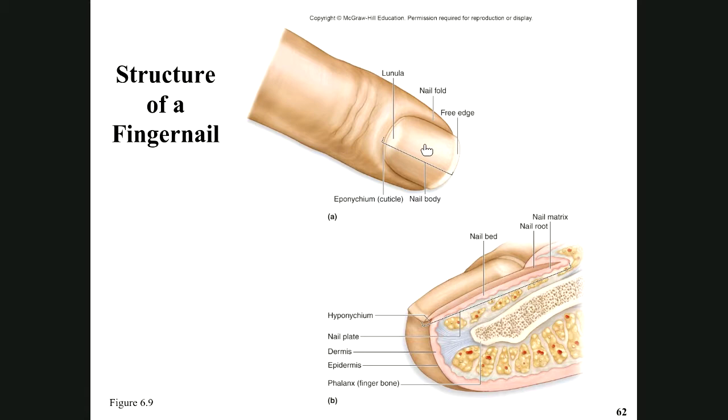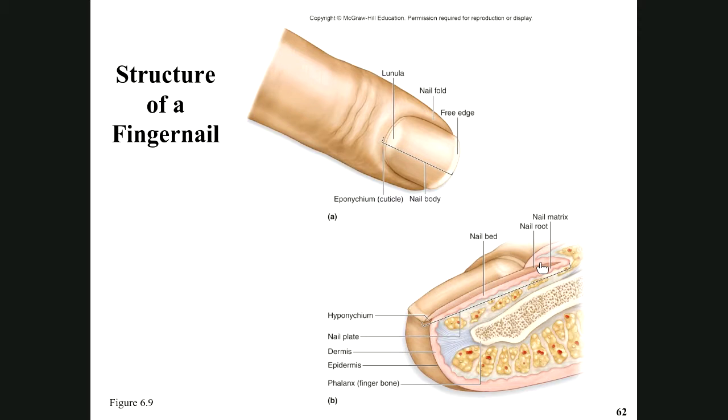And the other part of our nail is called the nail root, as you see in this picture, and the nail root is embedded in our skin. These three parts, the free edge, the nail body, and the nail root, all of them make up the nail plate.